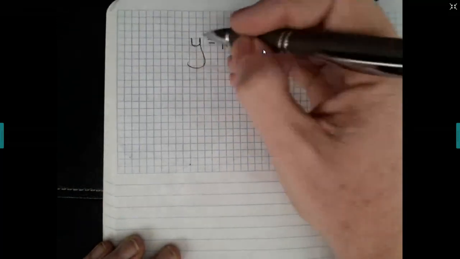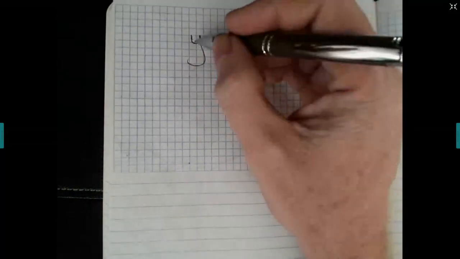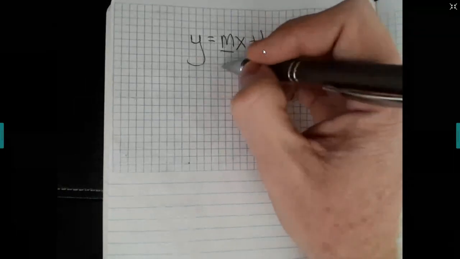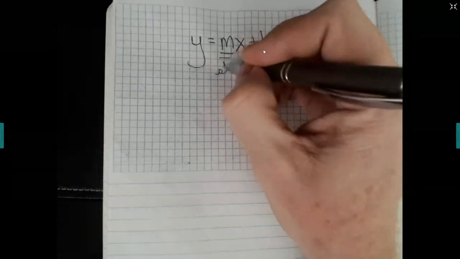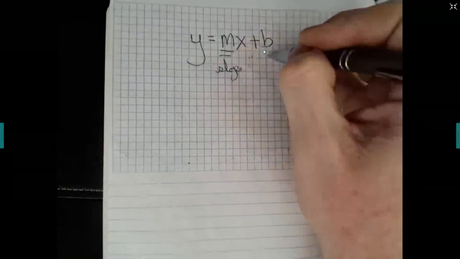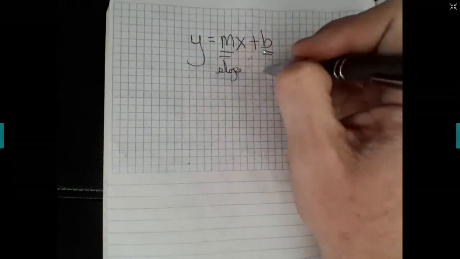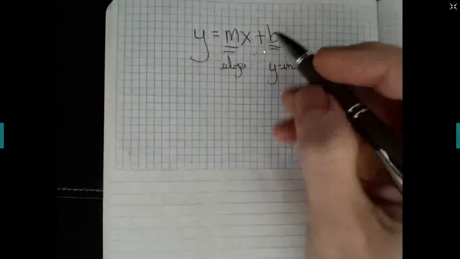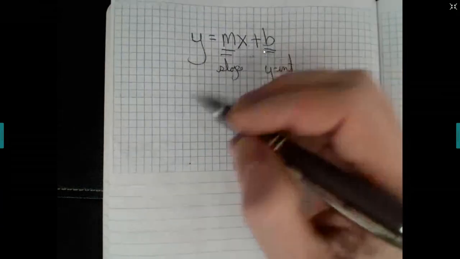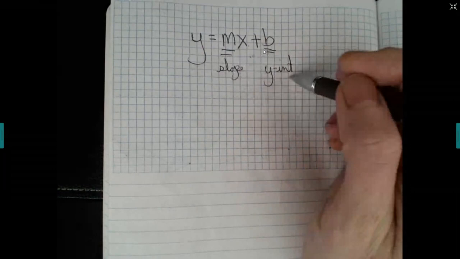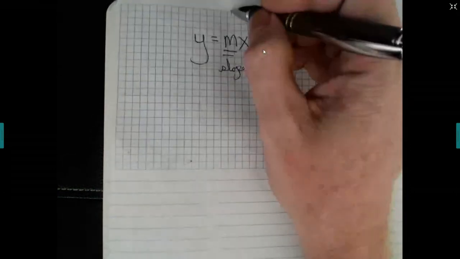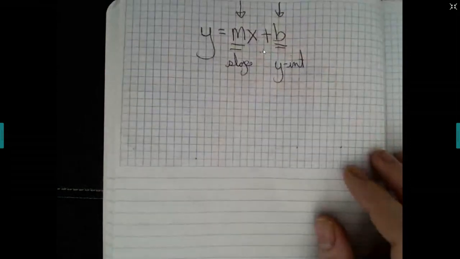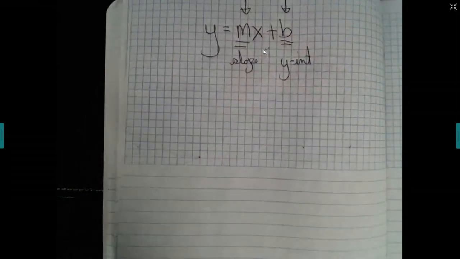The y and the x represent the output versus input, the m is the slope, and the b is the y-intercept. When they give us values such as the slope and the y-intercept, all we have to do is insert them in these positions and call it a day. We're not solving for anything.